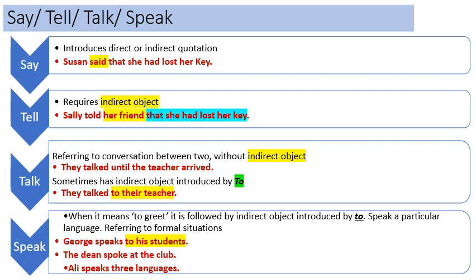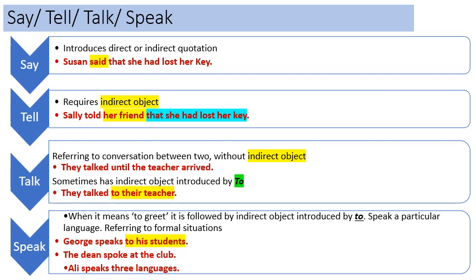We don't have an indirect object, we only have a direct object. It can be used with an indirect object. You can say, Susan said to her mom that she had lost her key. So usually it introduces direct or indirect quotation.